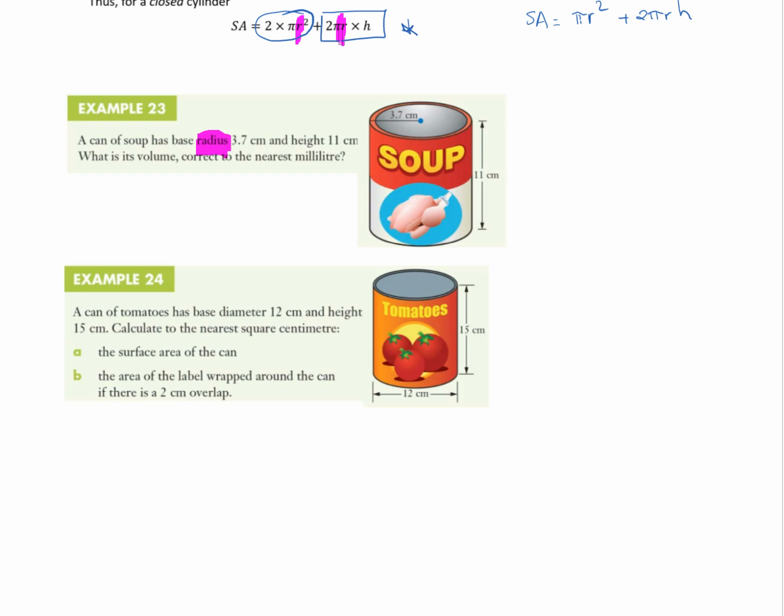So you don't use the diameter value in your formula. The formula just consists of a radius and the height. And the height is 11, we can see that, and it just says what is its volume. So make sure you read the question and note what it is that you're finding. I think I should do that as a highlight. Okay, so find volume.